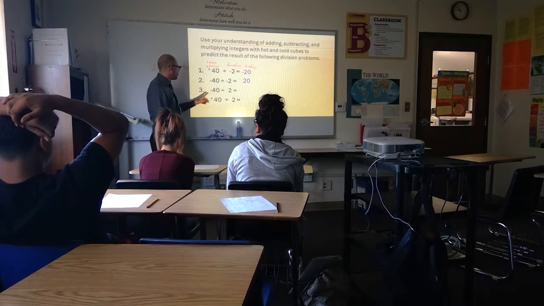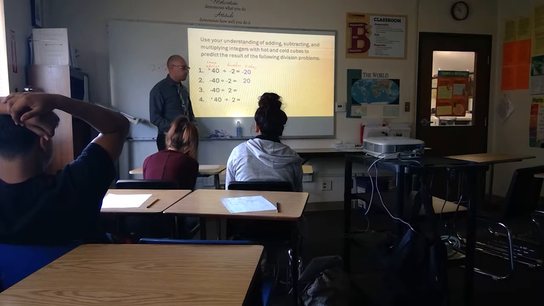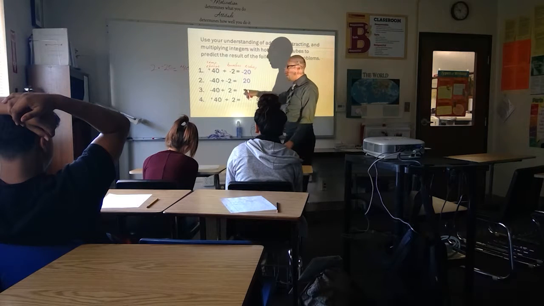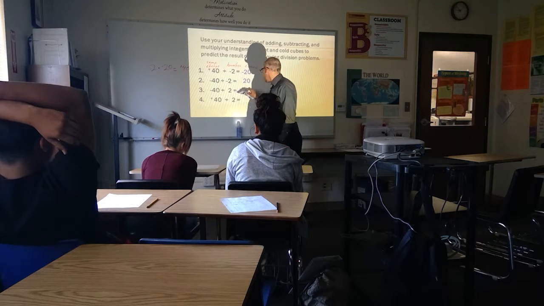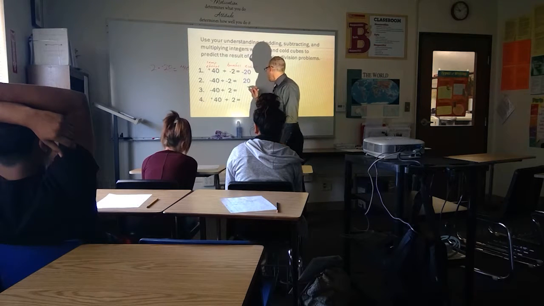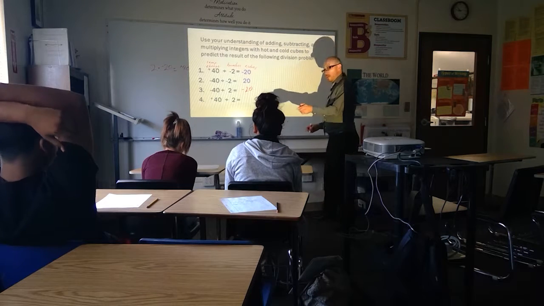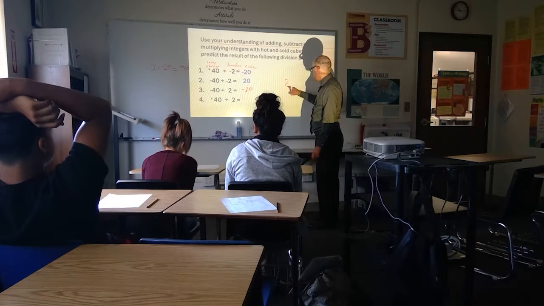Paige, what did you do on this one? 2 bunches of 20. Okay, so that's what you got? I got negative 20. But you wrote down 2 bunches were added or removed?